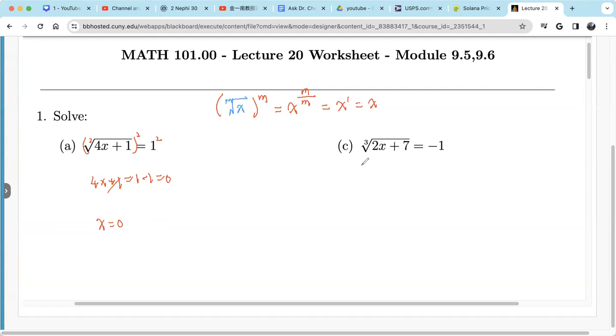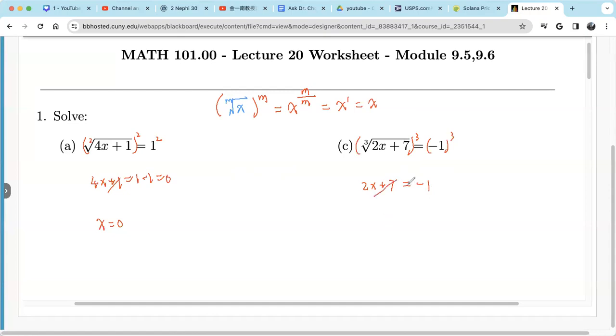Well, now let's look at C. Then we go back to B. So the index is 3, so m here is 3. We want to raise both sides to the power 3. The left-hand side raised to 3, 3 over 3 equals 1, so we get 2x plus 7 raised to 1. Then negative 1 raised to 3 is still negative 1.